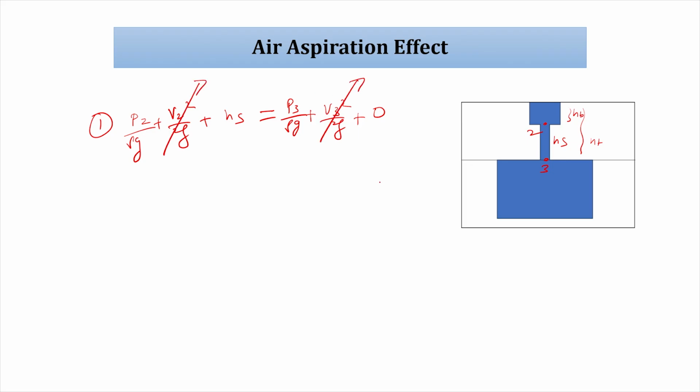Because V2 and V3 are equal, they cancel out, and P3 is P ATM. So what you are saying is P2 equal to minus rho g Hs, isn't it? What does it mean? It is negative pressure. If you are making a straight sprue, it has negative pressure.